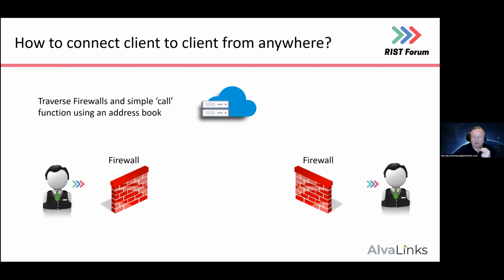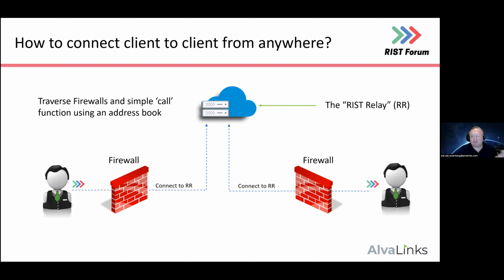So what we are doing here, we have our RIST relay, and we tell each peer to establish communication with the RIST relay. Once they do that, they can say, I want to talk to my other peer, or there might be a list in the RIST relay that says these two peers should communicate.